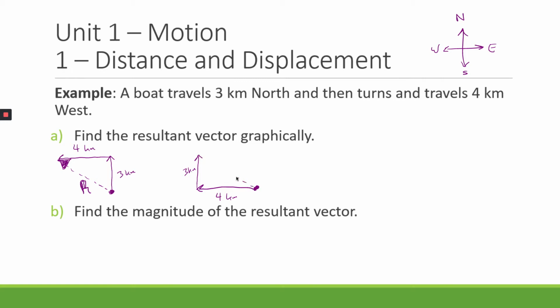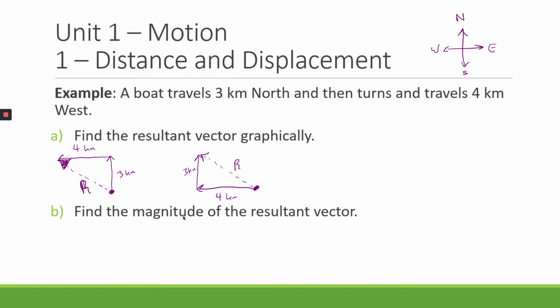So always point towards the finish, and that is your R. Now, if you just look at those vectors, they are the same length and pointing in the same direction. So those 2 R's are exactly the same. You could show the work either way, and they're both correct. So we have found the resultant vector graphically 2 different ways, and they're good.